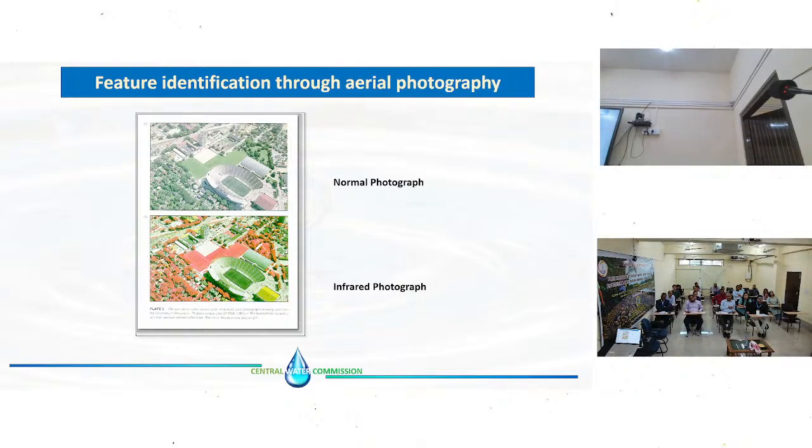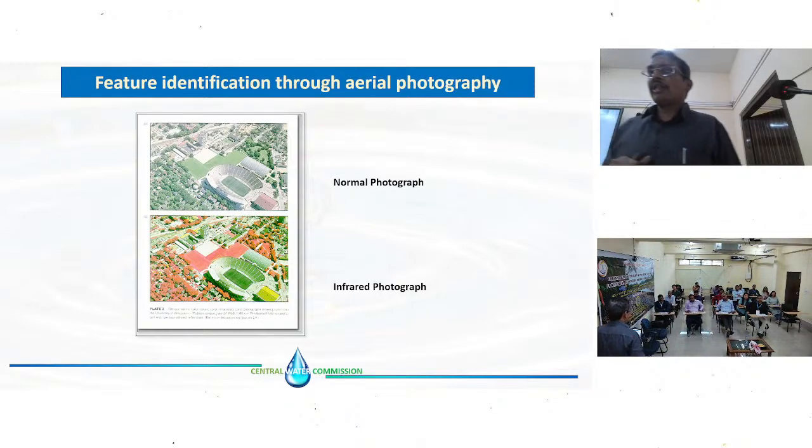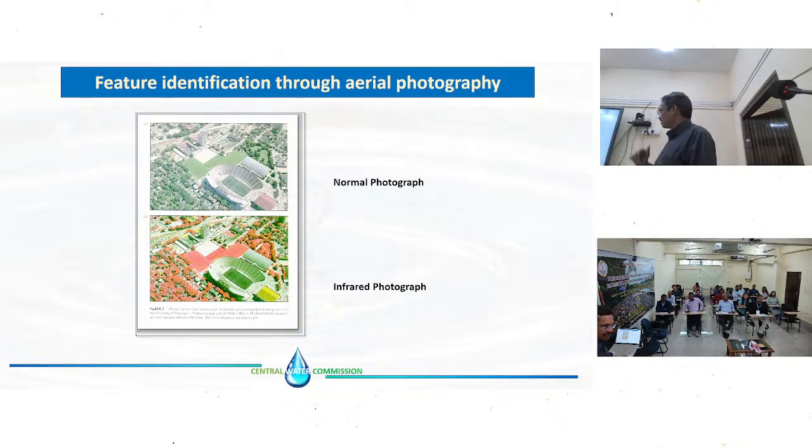This is a false color composite infrared photograph where NIR is given the color red. That is why all trees are appearing dark red. If it is grass, it is lighter in color, but still red. Now this portion you see is artificial turf, which is not appearing red.